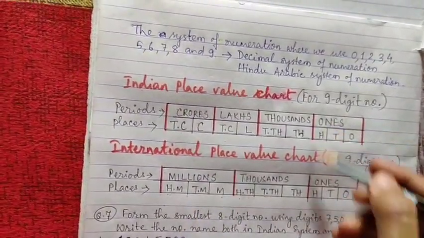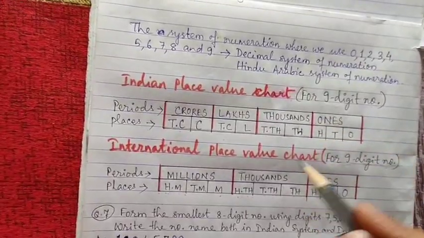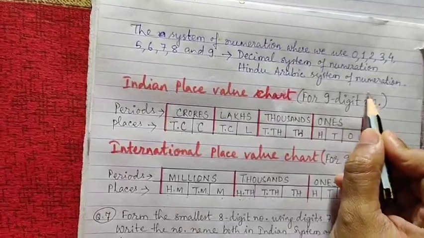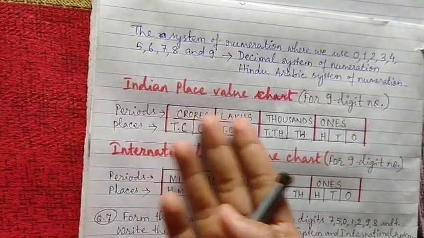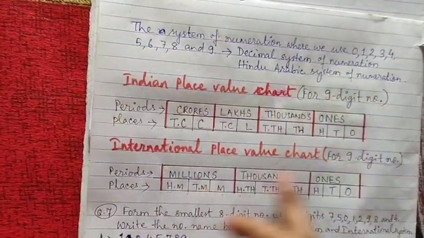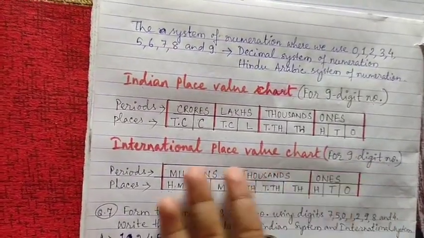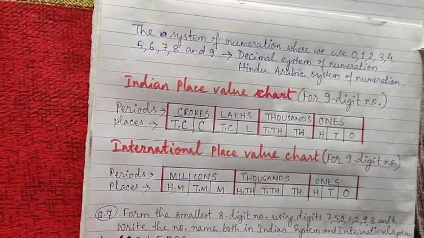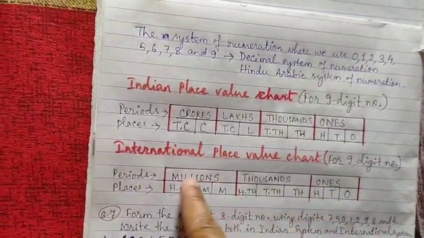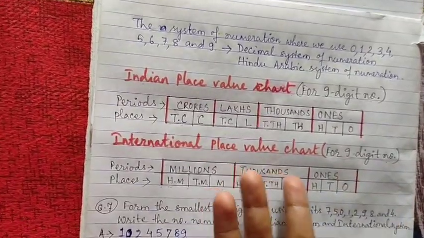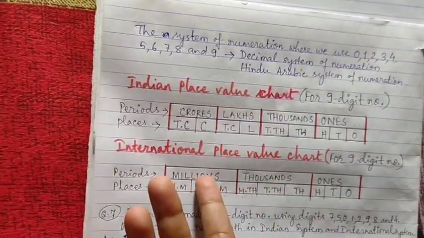Now you see in these two place value charts, in the Indian place value chart a 9-digit number is divided into 4 periods, but in the international place value chart the same 9-digit number is divided into 3 periods: ones, thousands, millions. So in the ones period there are 3 places, in the thousands period there are 3 places, and in the millions period also there are 3 places.